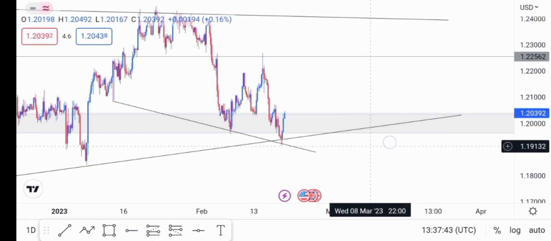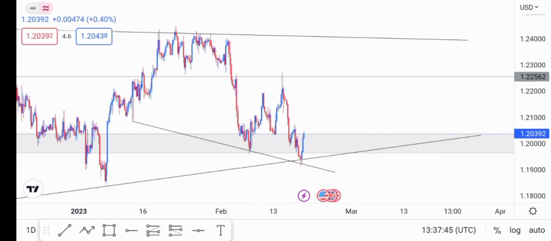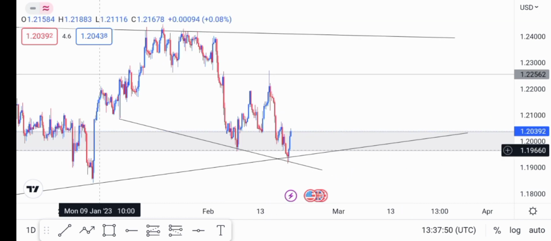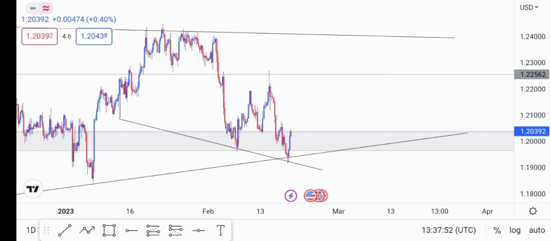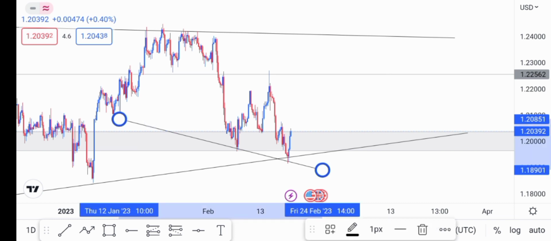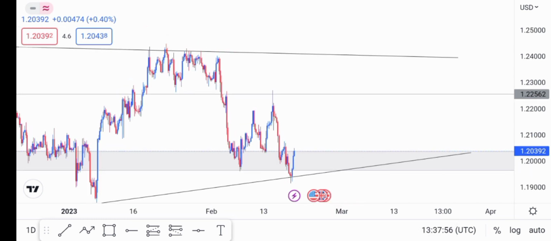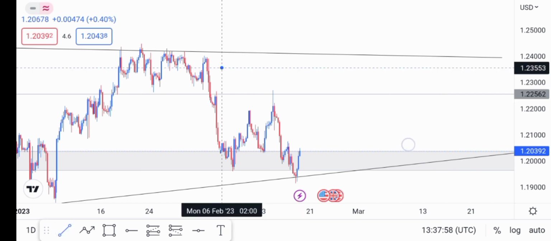So I could say that touch right here, but I'm not willing to use that because you can see the depth of it, so it's quite long. But I'm just not gonna use that for now to support the buy setup.